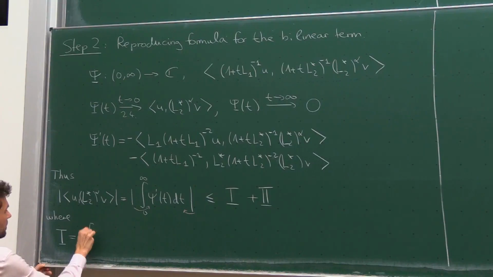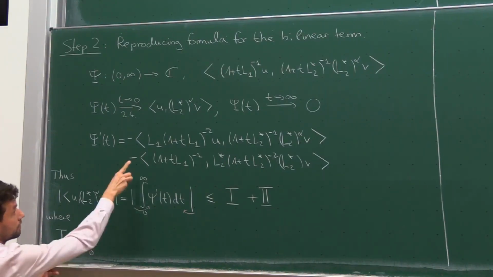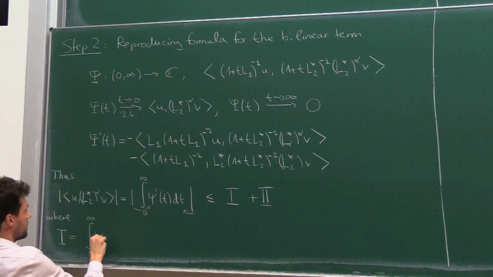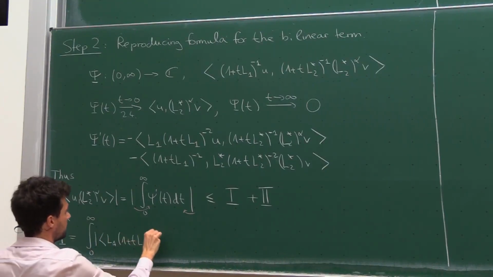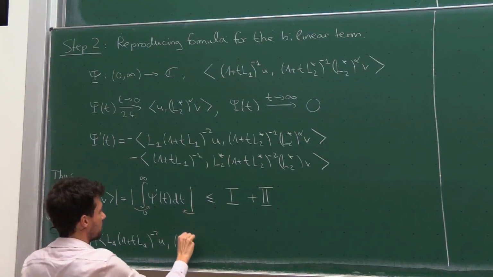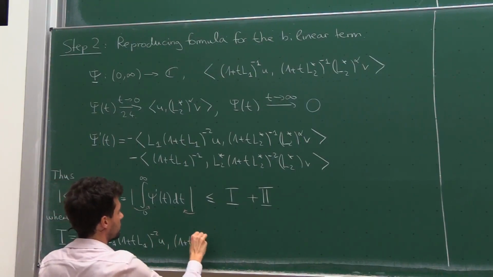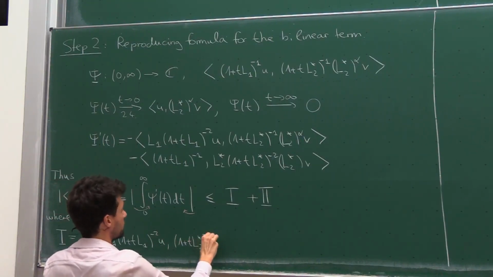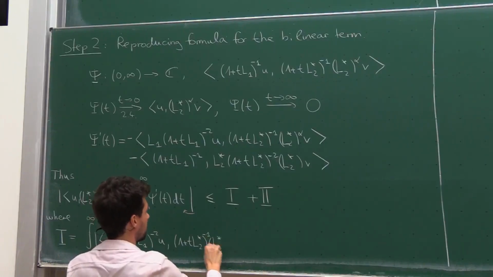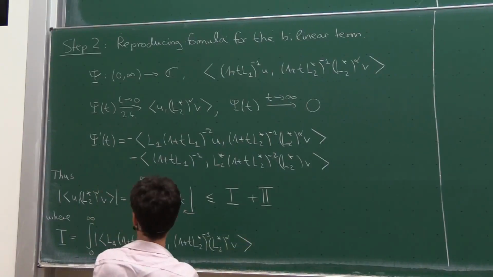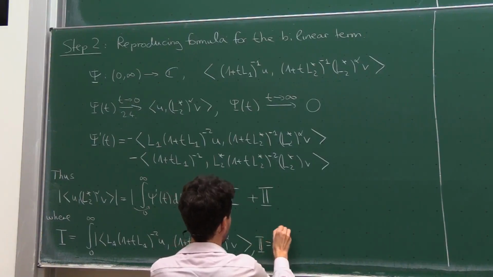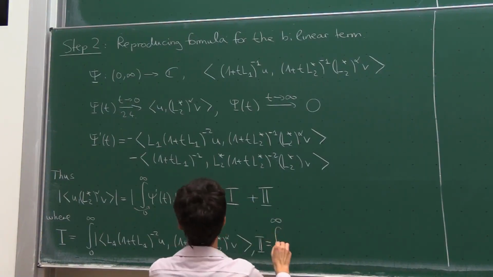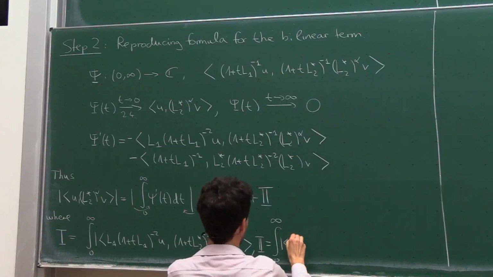So 1 is the integral from 0 to infinity of exactly that thing. So it's L1, 1 plus t L1 to the minus 2 of u, 1 plus t L2 star to the minus 1, L2 star alpha of v. And 2 is going to be the integral from 0 to infinity over the absolute value of that thing.